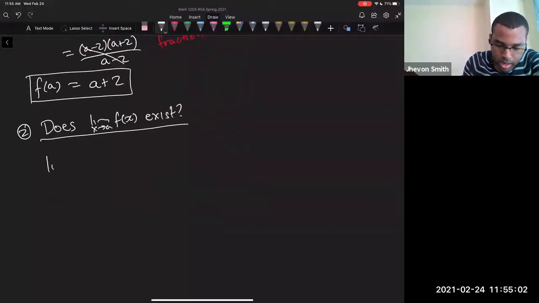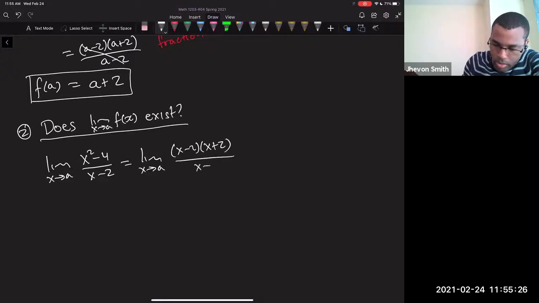Well, if I looked at the limit as x approaches a of x squared minus 4 over x minus 2, we saw that that's going to be the limit of x minus 2 times x plus 2 over x minus 2.